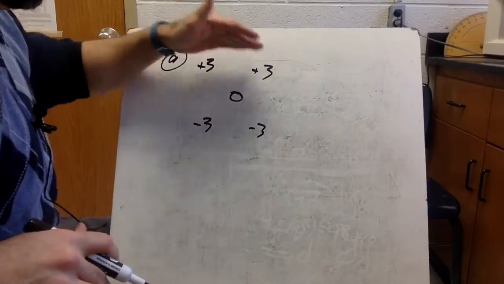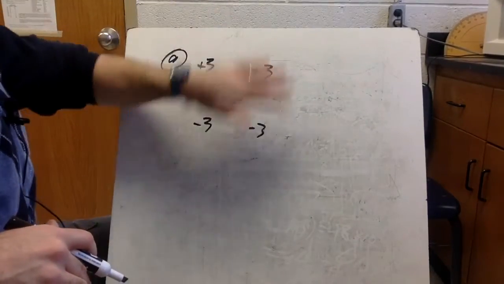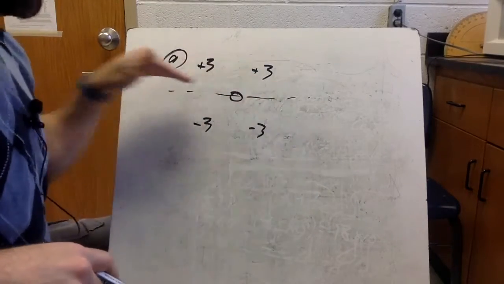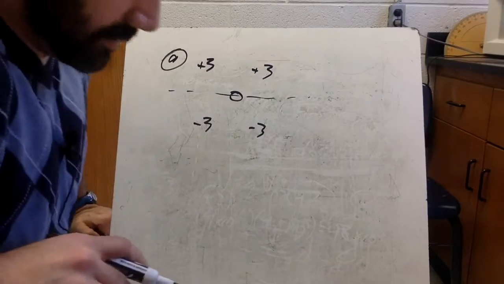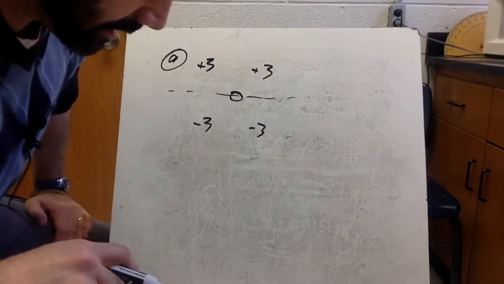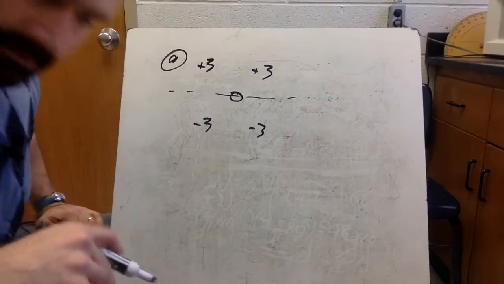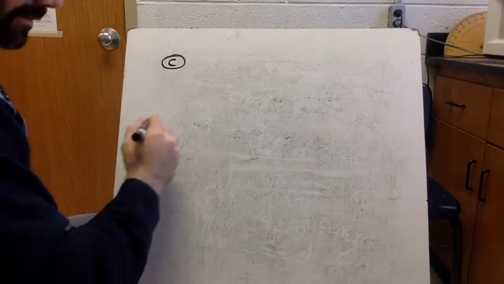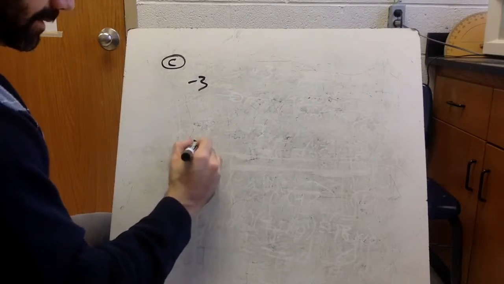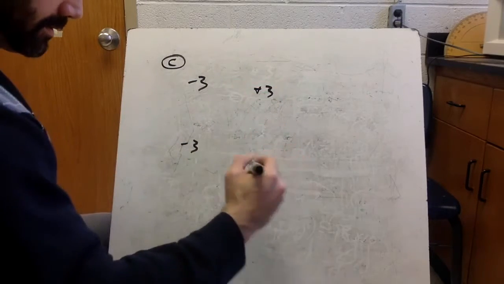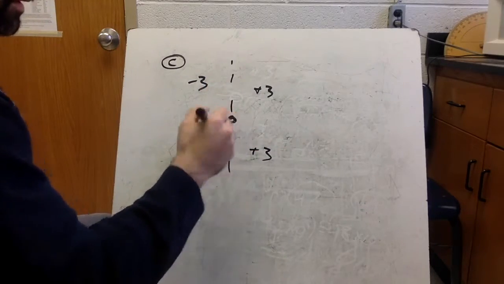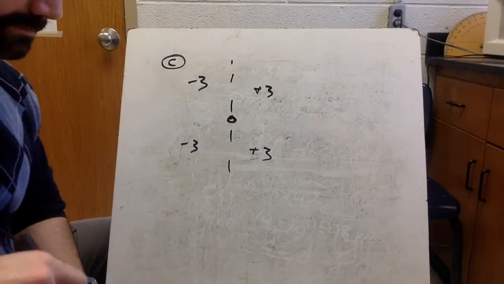Again, these are pushing up, these are pulling down, all with equal amount, and so you're going to end up with this 0 electric potential plane right through the middle, like that. Okay, and the same thing is going to be true also for part C. Part C, you're going to end up with the same thing, because you've got -3, -3, +3, +3, and so here down the middle it's going to be 0, kind of vertically.